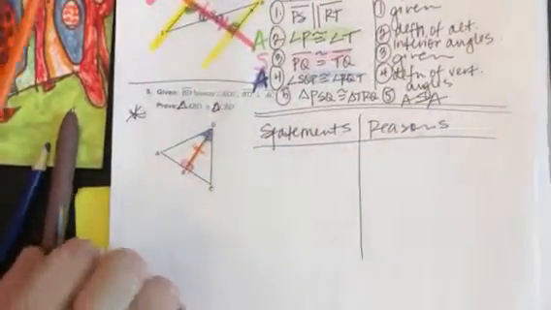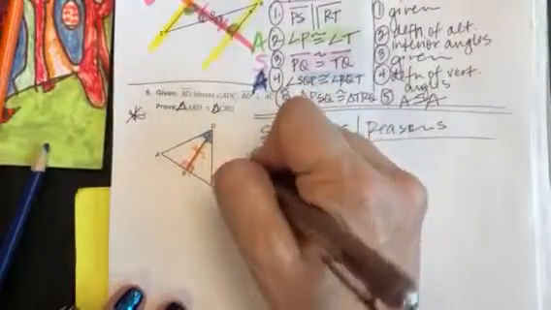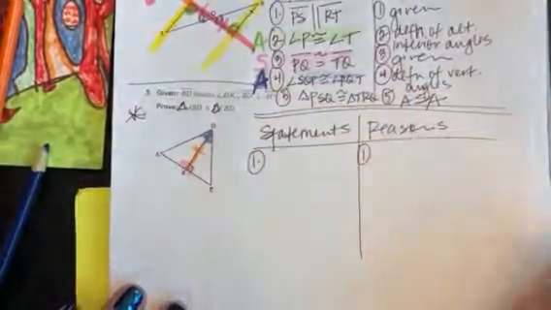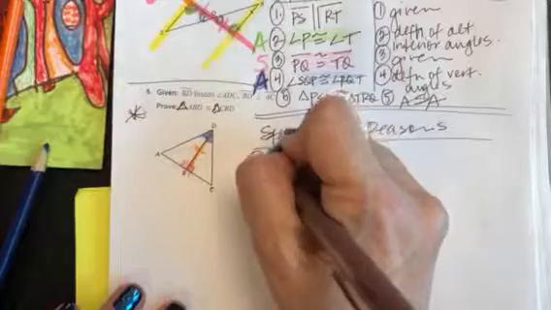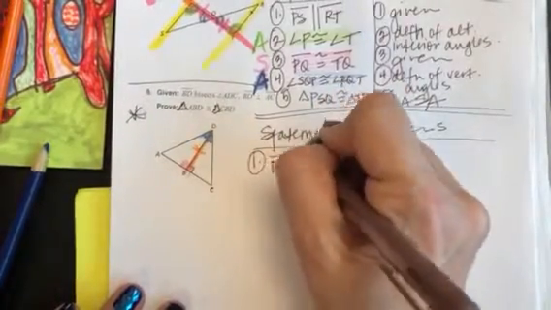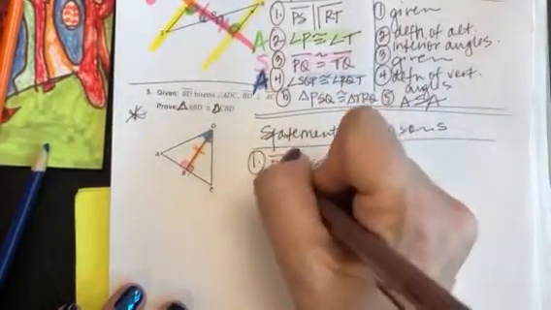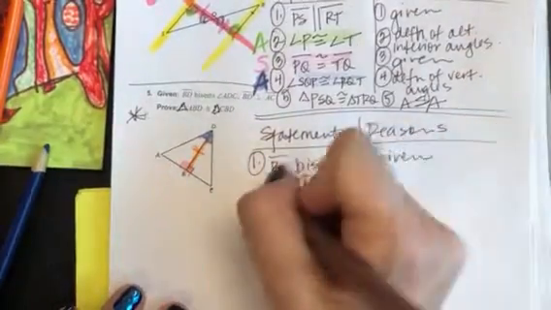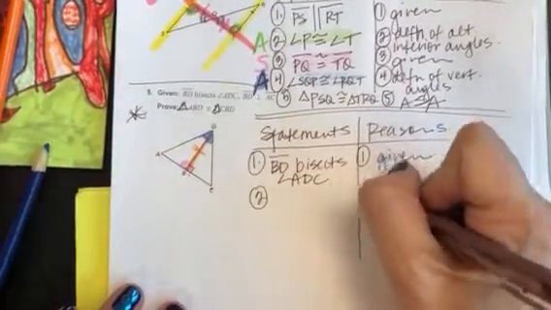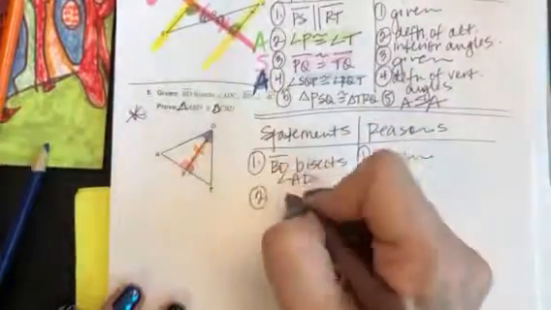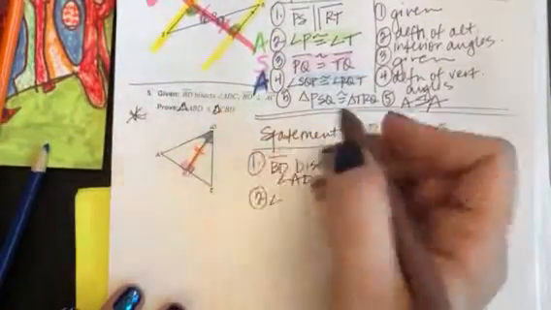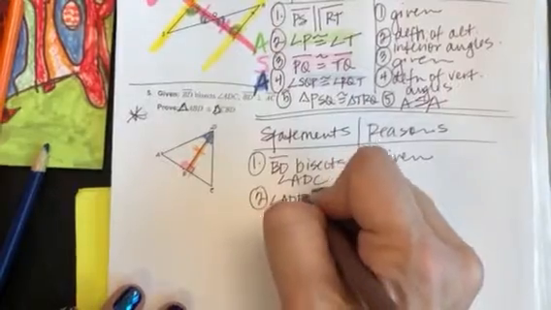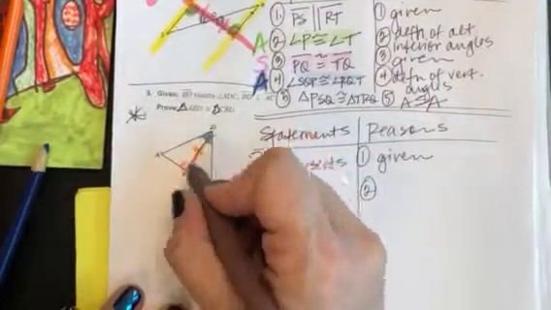So I see myself doing an ASA proof on this one. So when I start out with my statements and reasons, let's just start looking at what I need to say. Segment BD bisects angle ADC. That's given. My second step is just going to be, let's interpret that. So that makes angle ADB congruent to angle CDB.